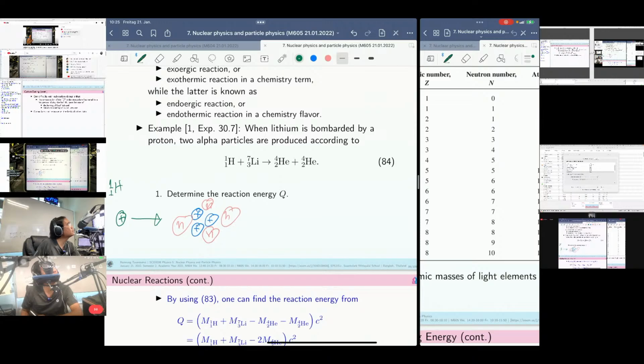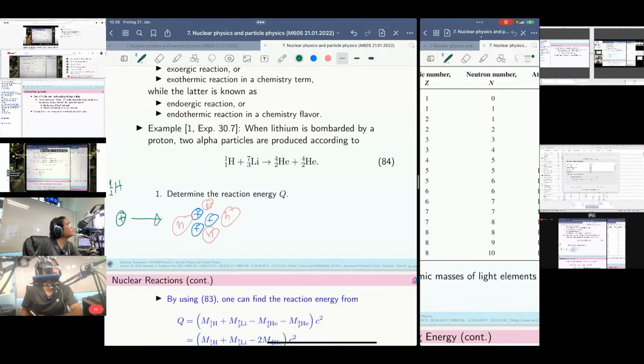The process appears to be like this. You get 2 protons and 2 neutrons here.